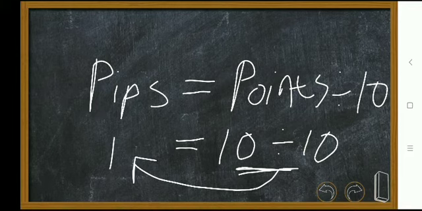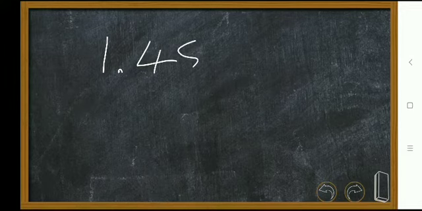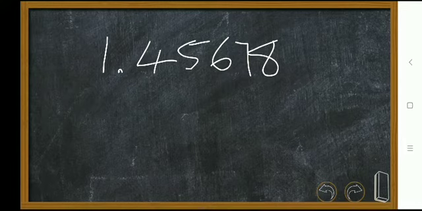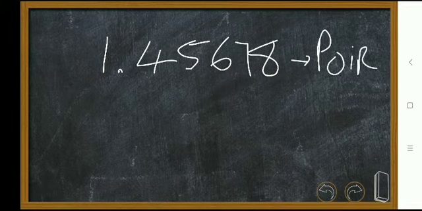Remember, pips and points are price. Price is calculated in pips and points. So, what you will find here, let's go back to that price. 6, 7, 8. This price is in points. Sorry for that horrible handwriting.